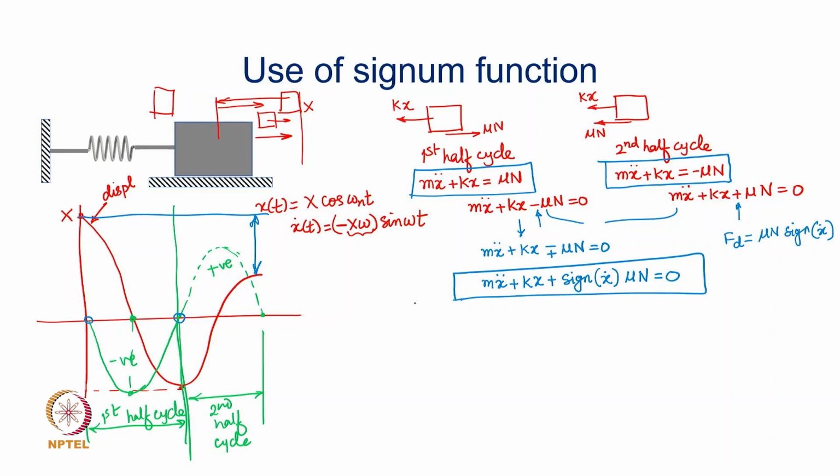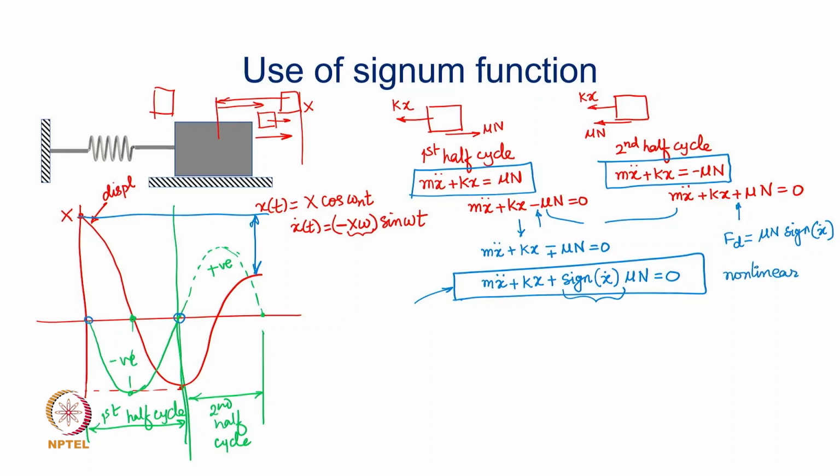Now we combine these two equations for the two half cycles into a single equation. But this signum function being a function of the velocity, the response variable, causes this equation of motion to be a non-linear equation of motion.